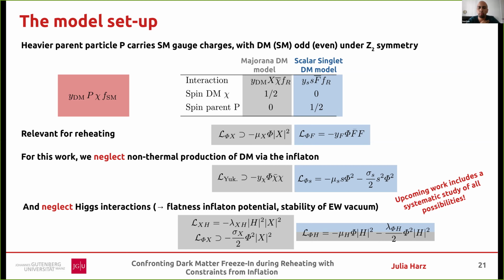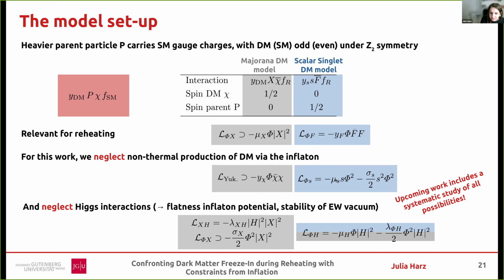But is there an argument not to couple, a priori, the inflaton with the dark matter in the same way as with the mediator, like here? In principle, you're absolutely right, I could write such an interaction, so that the inflaton directly interacts with the dark matter particle.